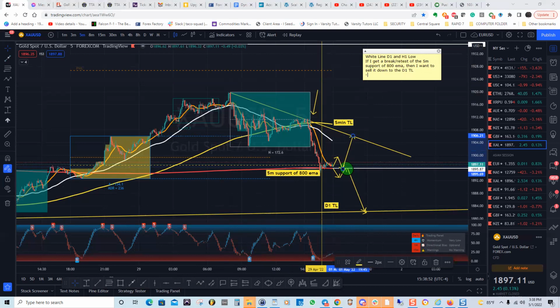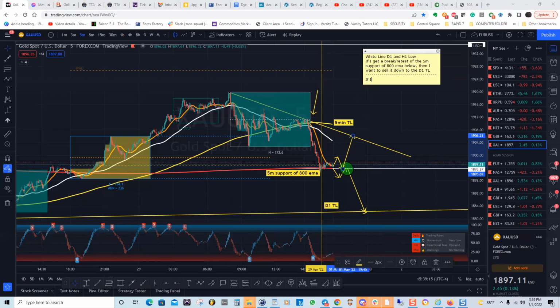Okay, gotcha. So let me write that again. And this is below, remember, below. If I get a break and retest of the 5-minute support below, remember, it has to be below. But then this is the same thing over here too, right?